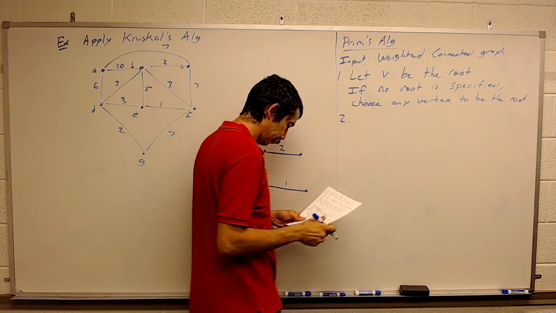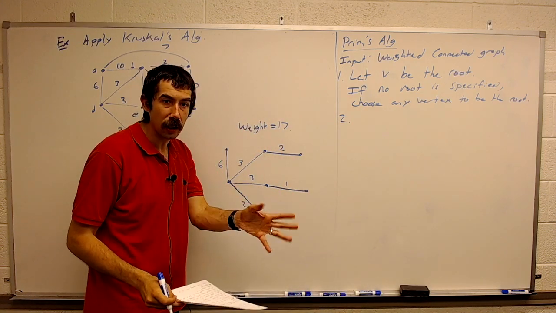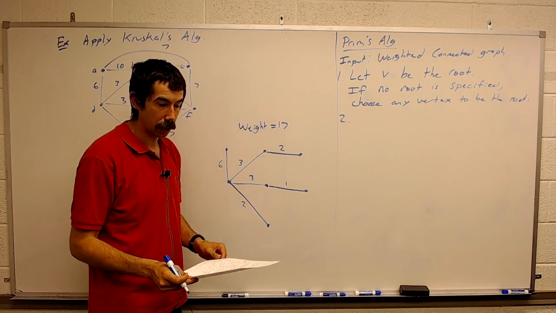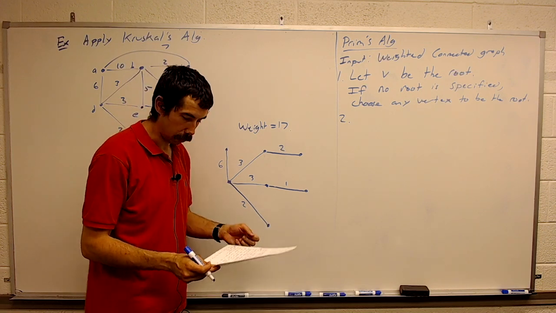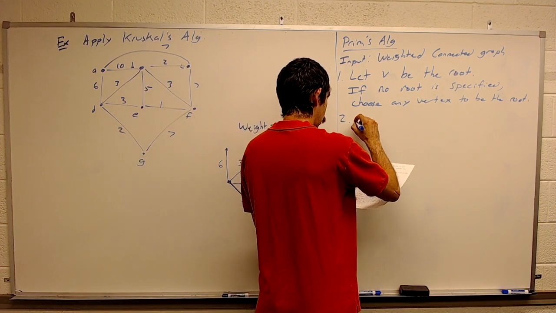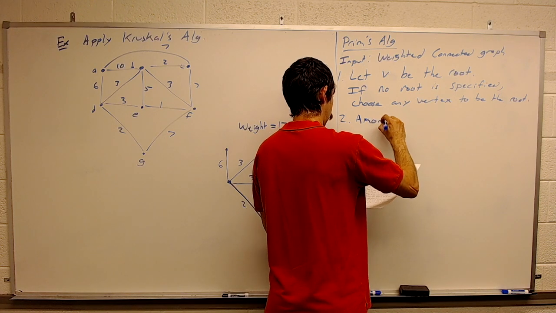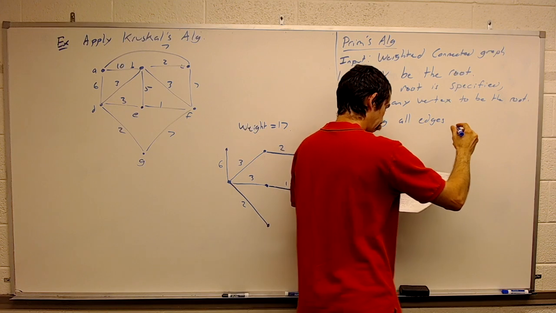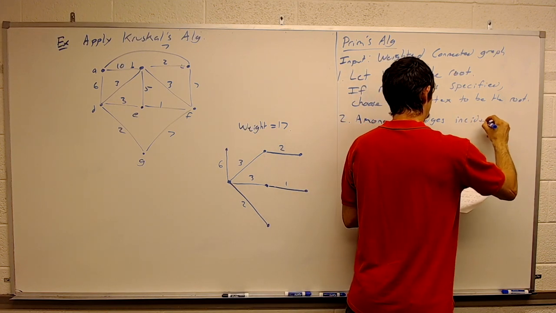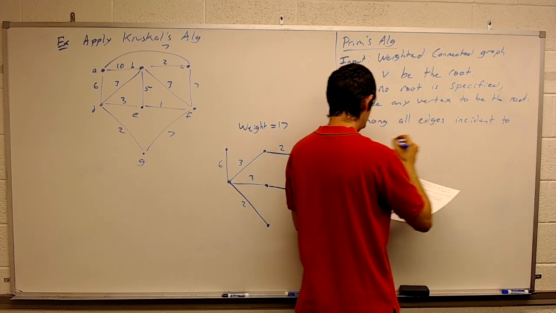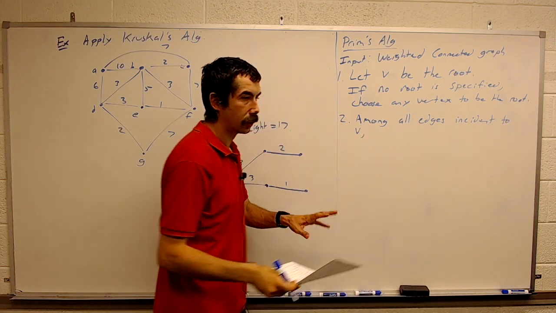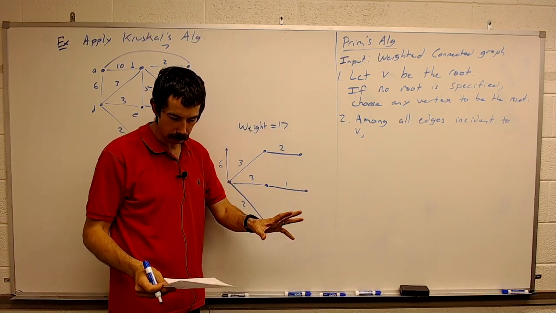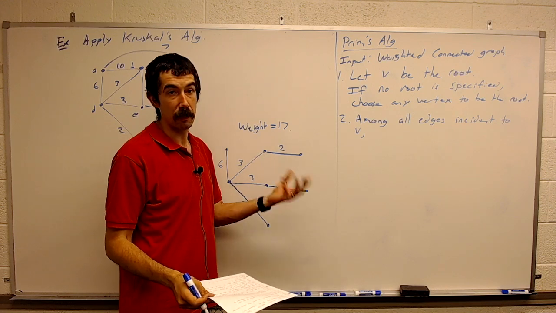Step 2 is among all the edges incident to our root, all right, so out of all of the edges coming out of our root, we're going to choose the one with minimum weight.